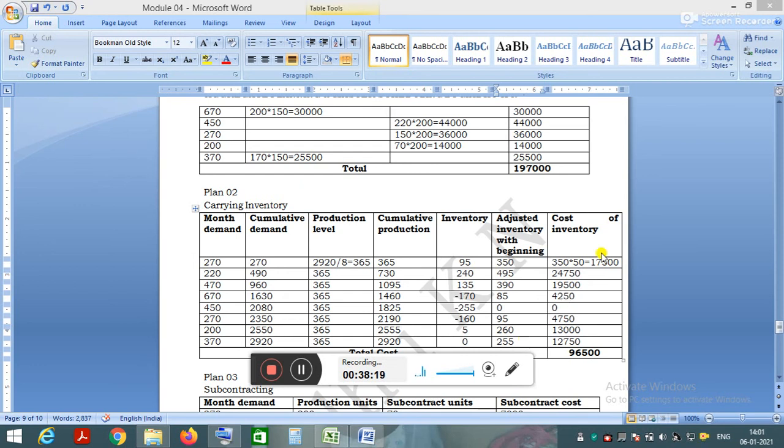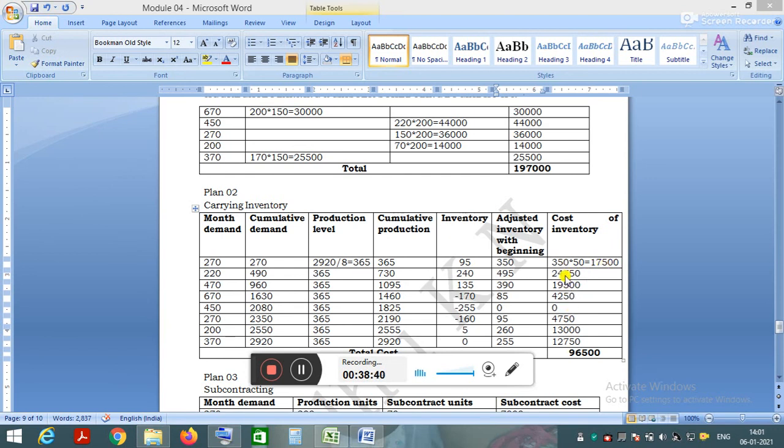Now we need to calculate the cost of inventory. It is given that for each product that you manufacture extra, it costs 50 rupees to store it in the warehouse. What is the number of extra products available in the month of January? It is 350. 350 into 50 is 17,500.